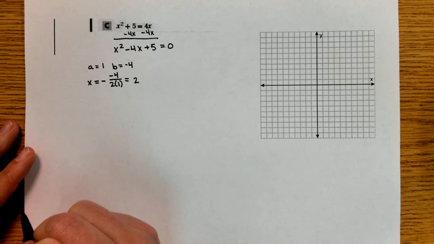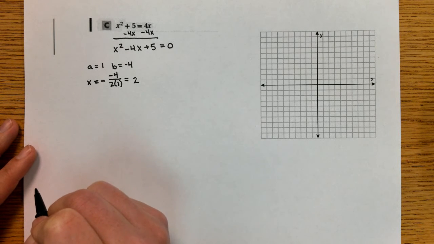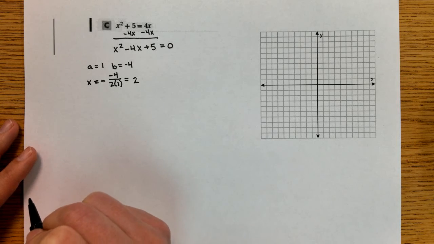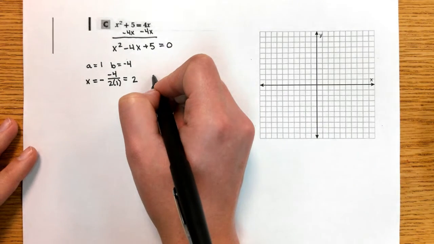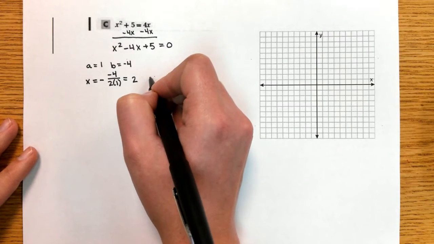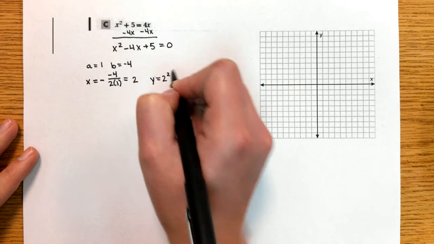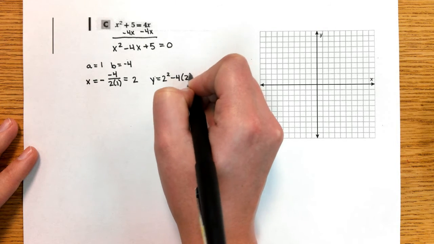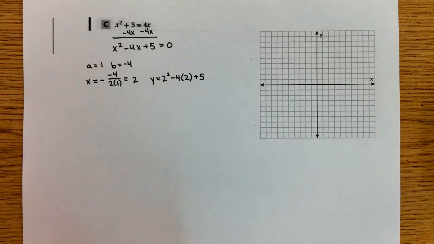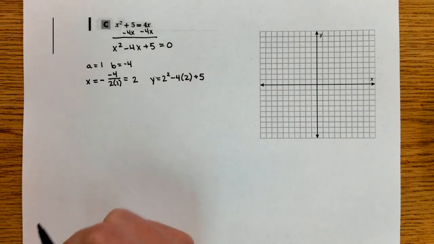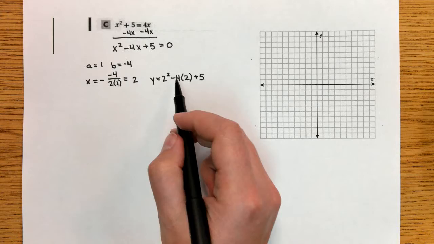Okay. So then I'm going to go find the corresponding y value. So I'm going to have y equals 2 squared minus 4 times 2 plus 5. And here, 2 squared is 4, and then 4 times 2 is 8.